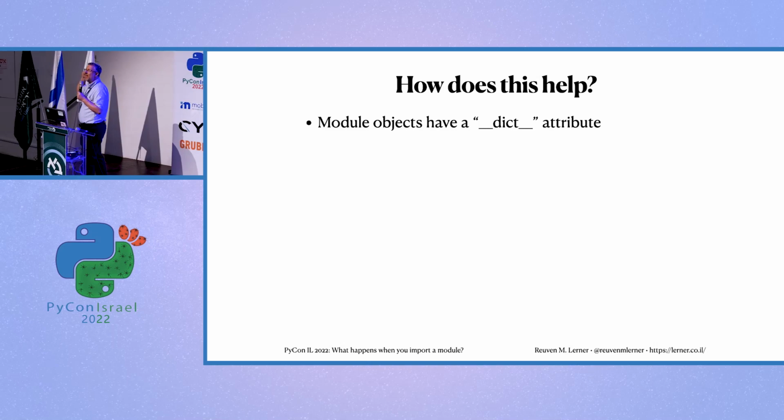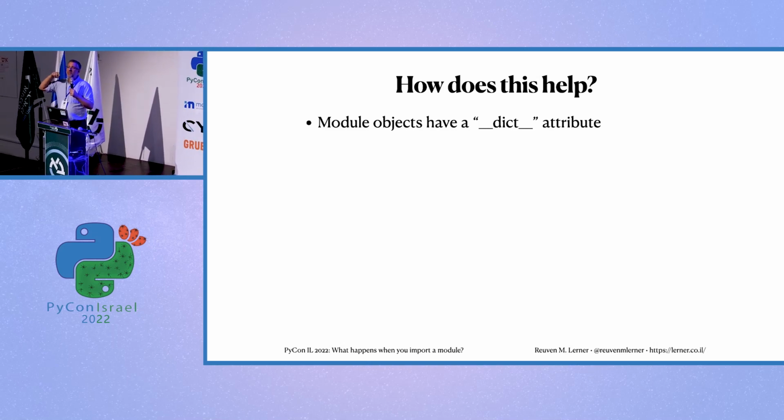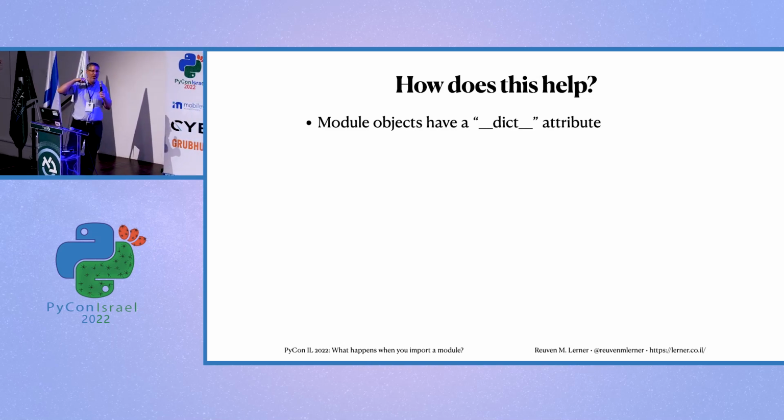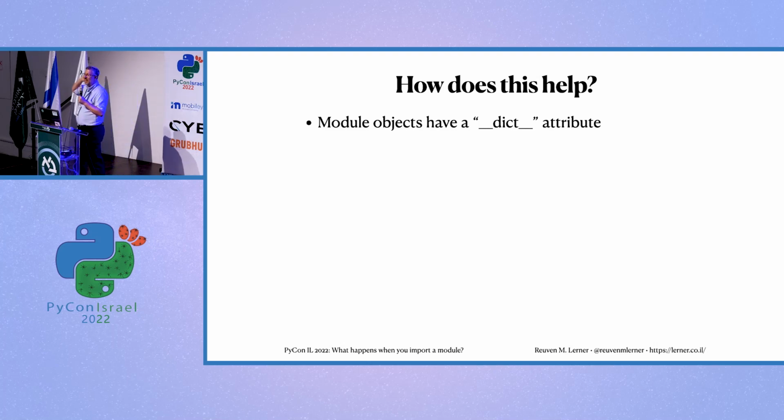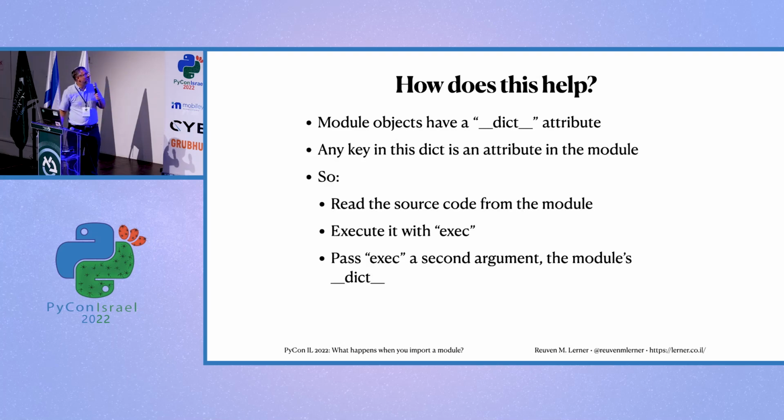And in this case, dunder dict on the module reflects all of its attributes. So if there is a key value pair in dunder dict, we will see that key as an attribute on the module object and the value as, well, a value. So if dunder dict has a key A, the module has an attribute A. And whatever the value is for that A in the dict, that's going to be the value in the module as well.